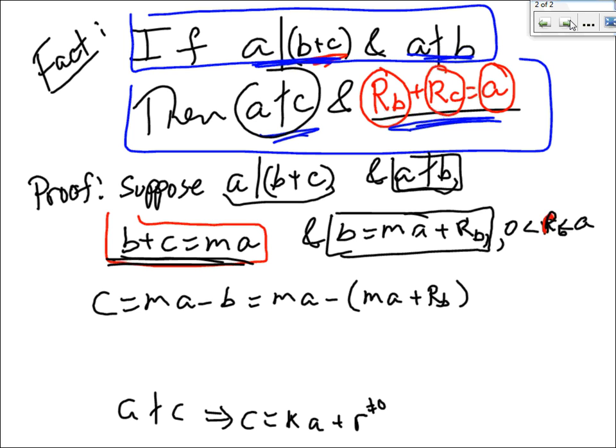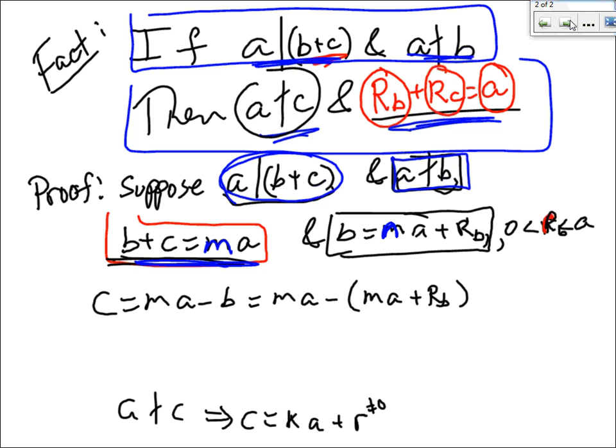Something's wrong there. Okay. Silly, not an error, but this means that B plus C is a multiple of A, and I choose M to be the multiple. And here, B is a multiple of A plus a remainder.